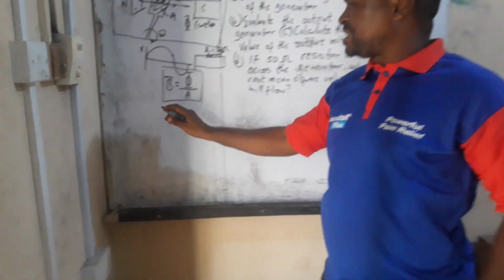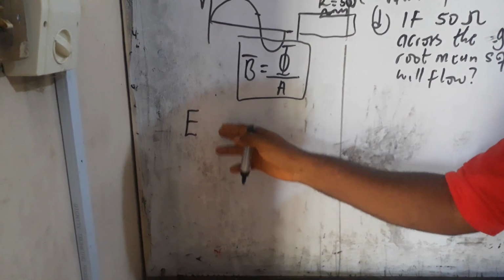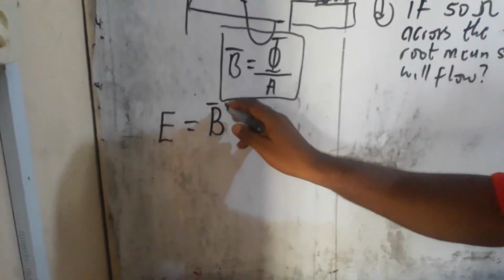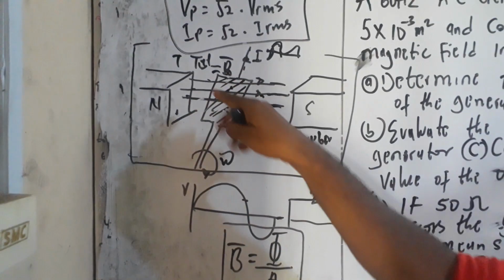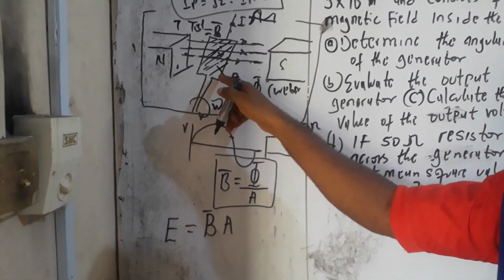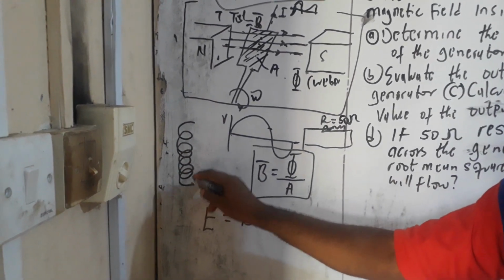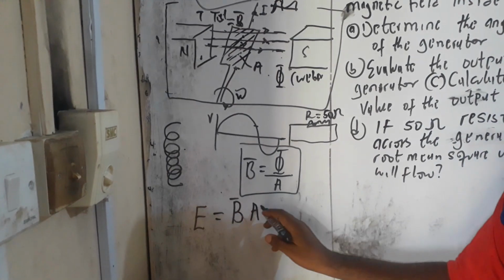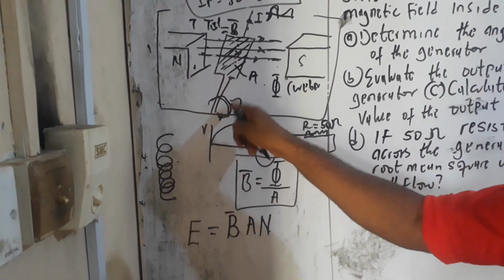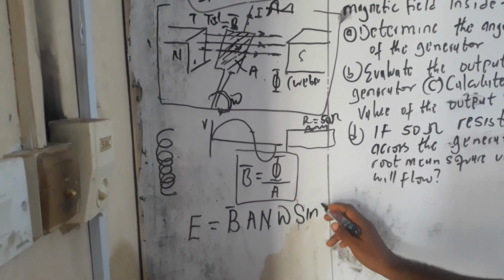In that video, it was established using Faraday's law of electromagnetic induction that E is the same thing as this magnetic field B, the space around this conductor, times the surface area A, times the number of coils. This conductor can be wound in several ways, so the number of turns of this coil is represented with letter N. The rotation of this coil is called the angular speed, omega, then sine omega t.